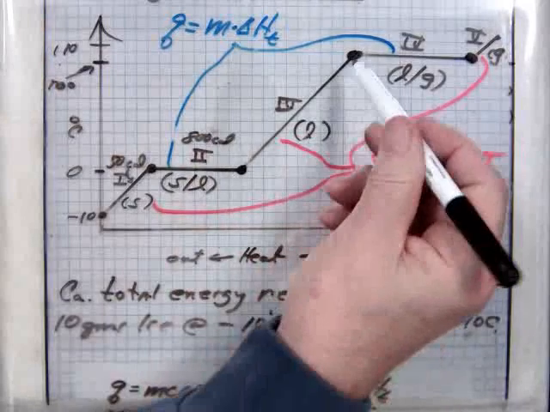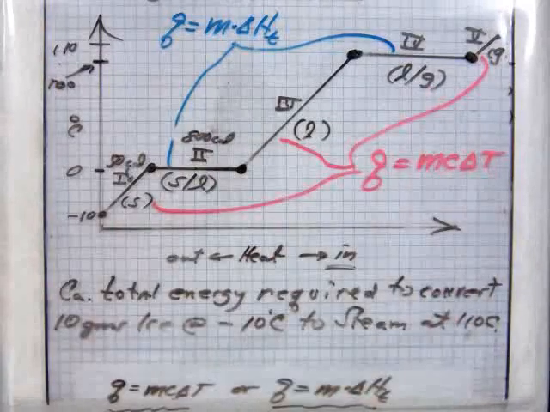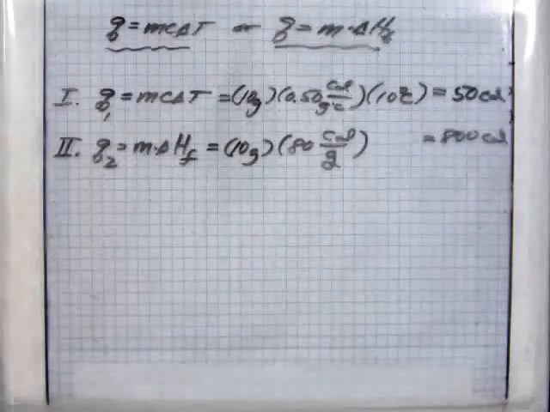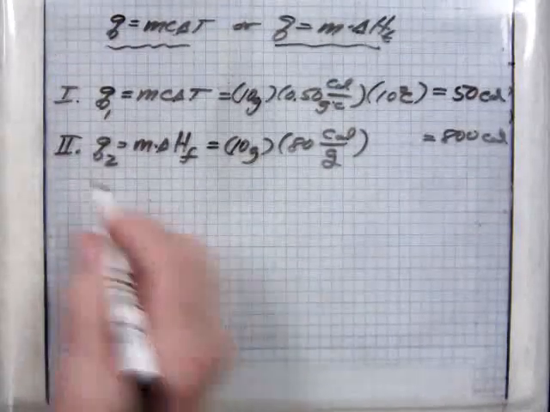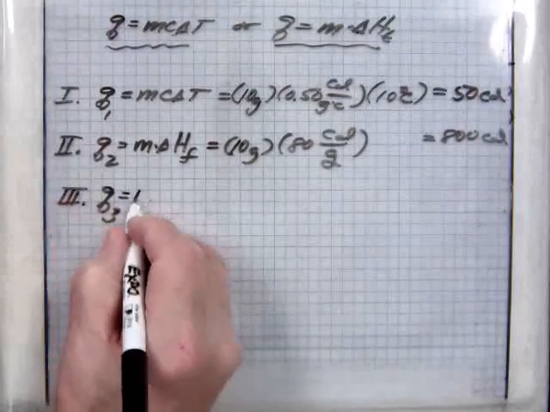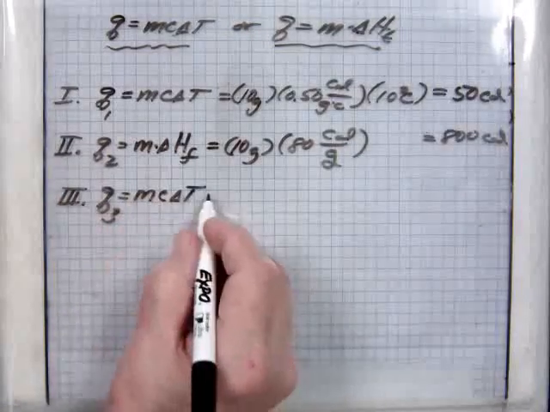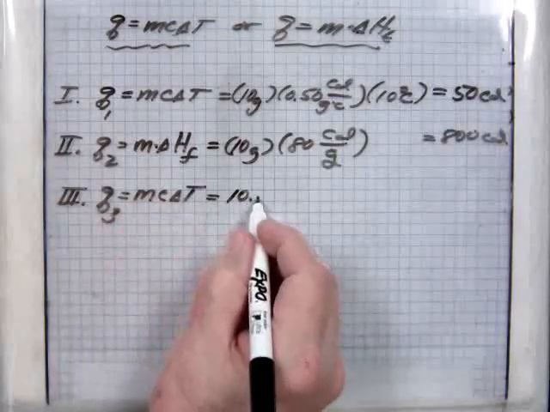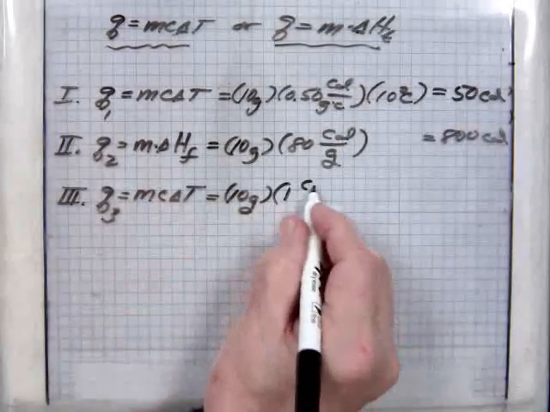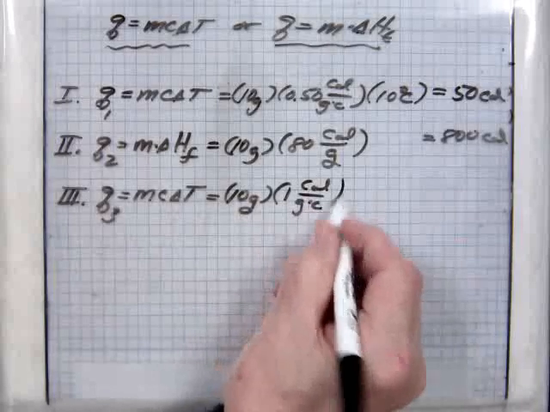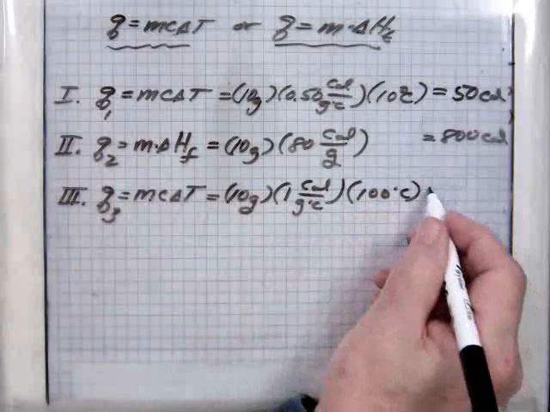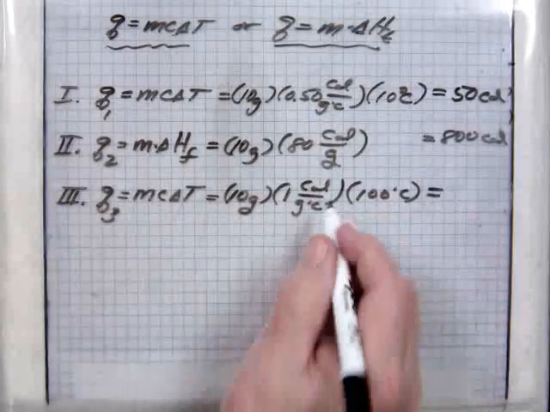Now we move into warming of the water that has been melted from the ice, and so that's a temperature change region. So we will use the MC delta T equation for region 3 and call it Q3, and that'll be an MC delta T, which is again 10 grams of water now. Its specific heat of water is 1 calorie per gram degree C, and it's going through a 100 degrees C transition and heating.